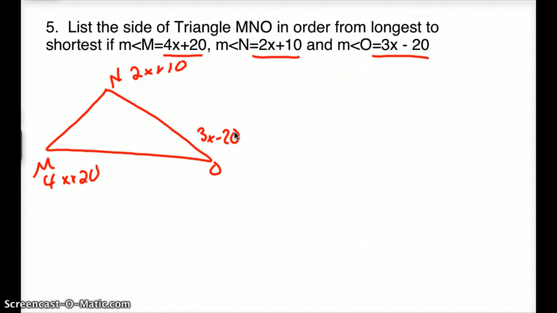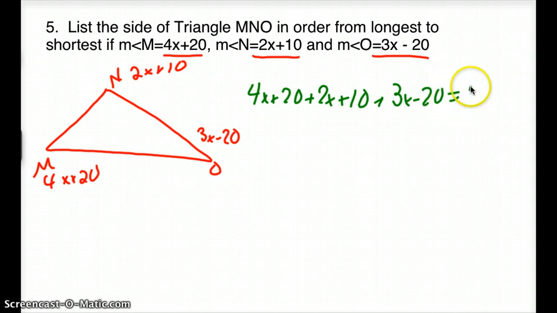So to find the value of x, what I need to do first is write an equation. Those are all of the angles. So I'm going to add all of those angles up and I'm going to equal them to 180. So I'm taking 4x plus 20, I'm taking 2x plus 10, and I'm taking my 3x minus 20, and I'm equaling to 180. Next thing I'm going to do is get my like terms together.